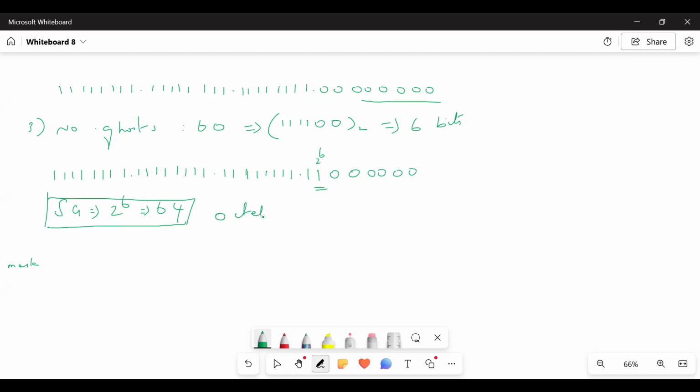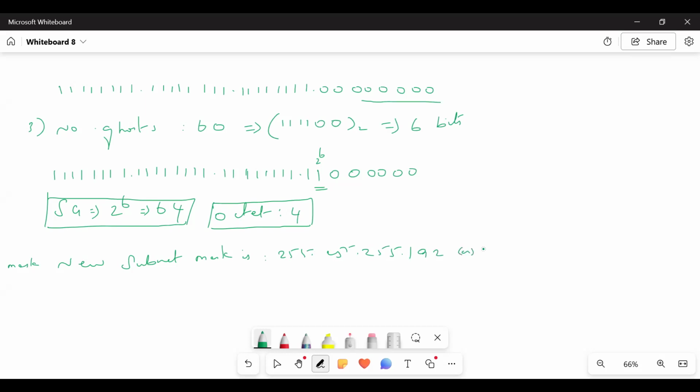Next we need to find the octet position. In which octet position are we getting the subnet generator? 1, 2, 3, 4. Fourth position, so the octet position is 4. Now our new subnet mask is 255.255.255, with 2 power 6 plus 2 power 7, that is 192.